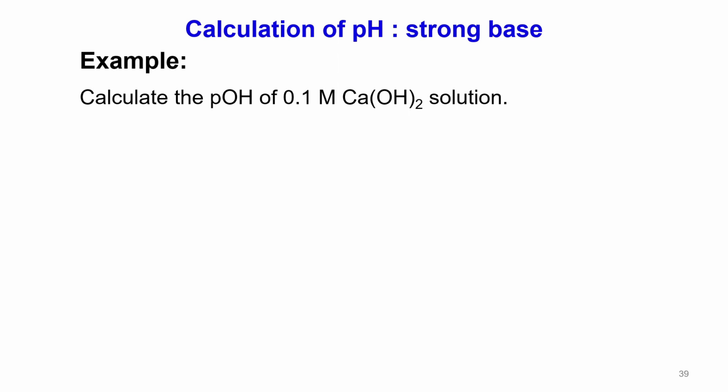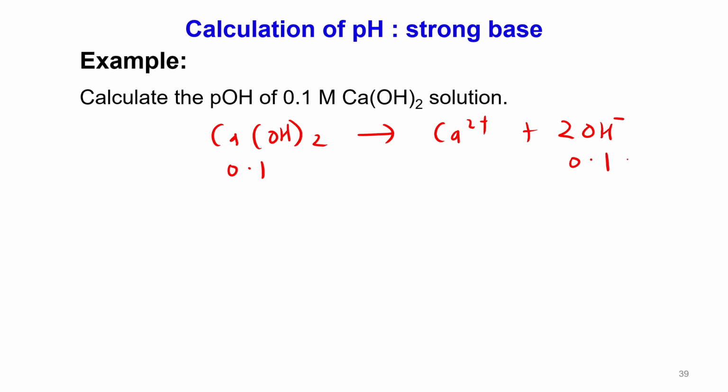Same goes for a strong base. We know a strong base completely dissociates. So Ca(OH)2 produces Ca2 plus and 2OH minus. So this one is 0.1, 0.1. So we have 0.1 molarity for OH. But because there are 2, the 0.1 needs to be times 2. So calculate the pOH. pOH equals negative log concentration of OH minus.